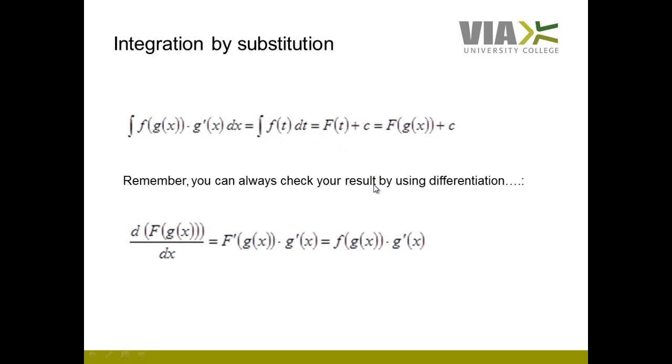And remember that you can always check your result by using differentiation. Finding the first derivative of the result you have figured out will lead you to the original given integral, otherwise you have done something wrong.